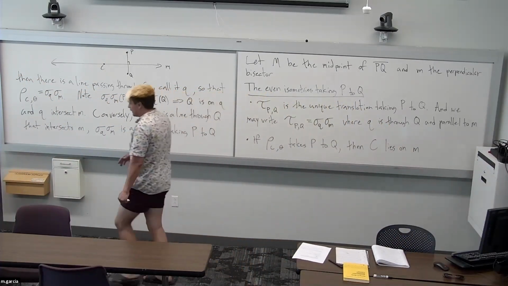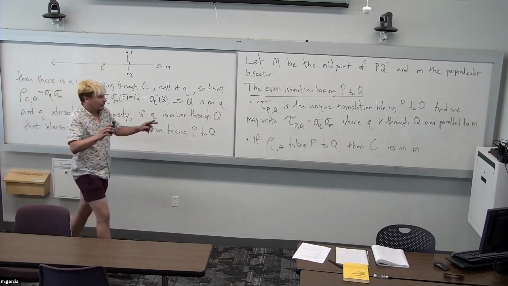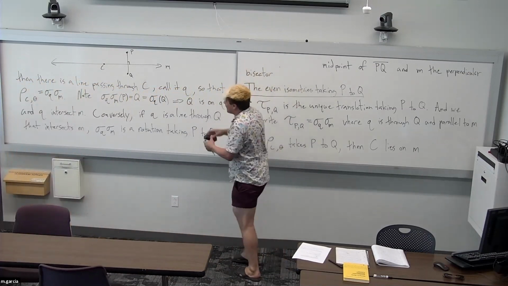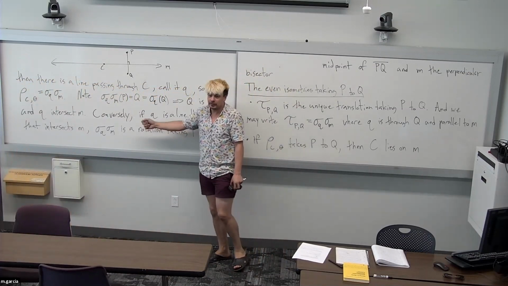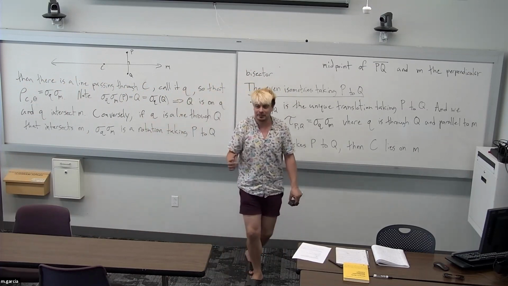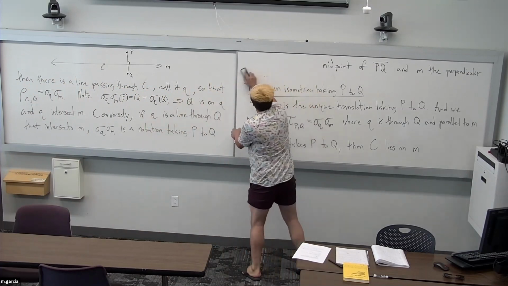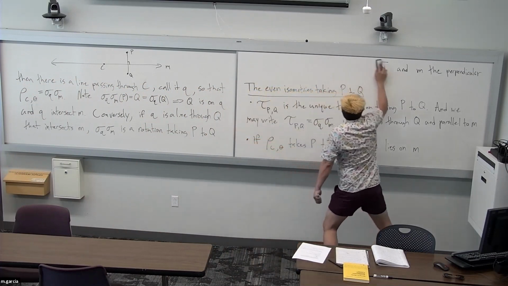So now we're done, right? Of course, we didn't have to say anything conversely when we discussed translations because there's a unique translation that takes P to Q, okay? But a bit more subtle when we talk about rotations.